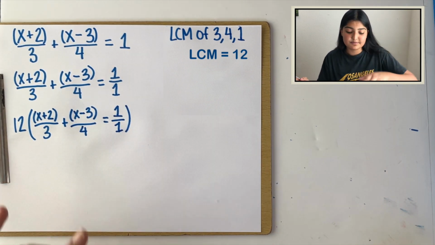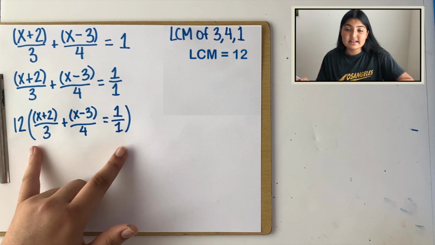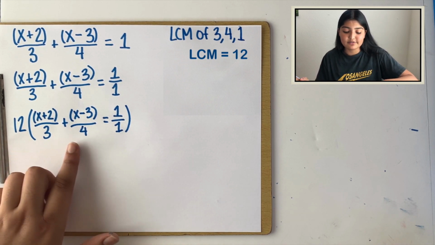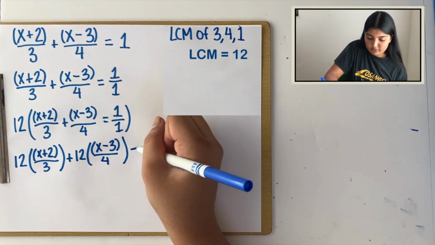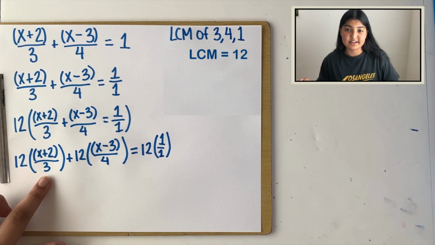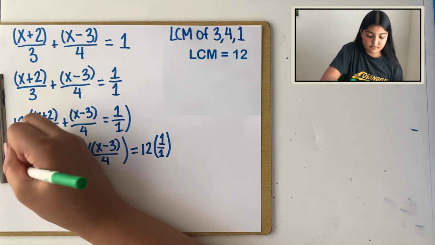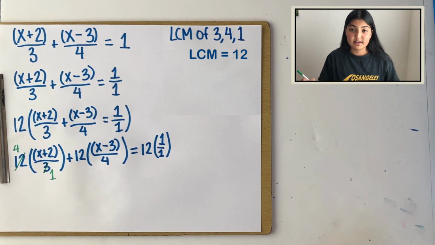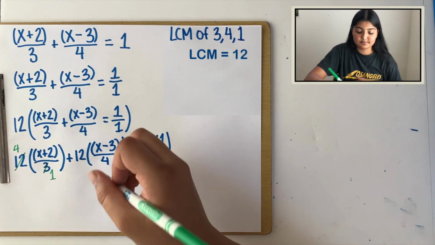As you can see, I used parentheses. Now, let's distribute 12 to each term. Now, let's divide everything that we can. 3 goes into 12 4 times. And 4 goes into 12 3 times.